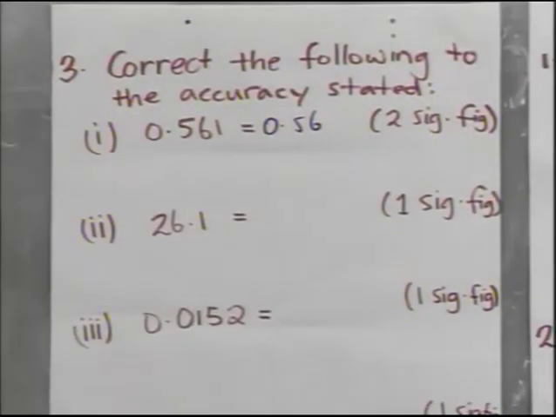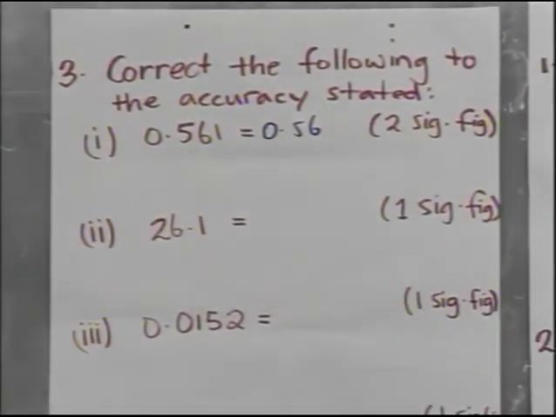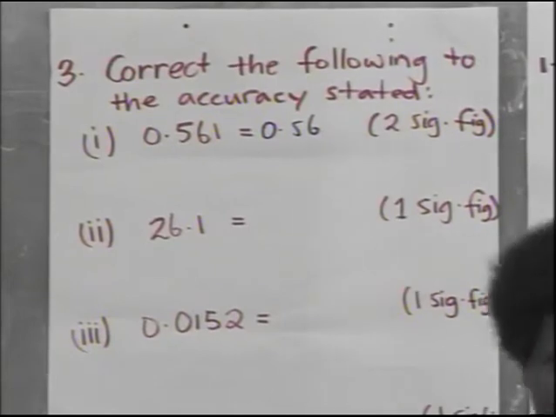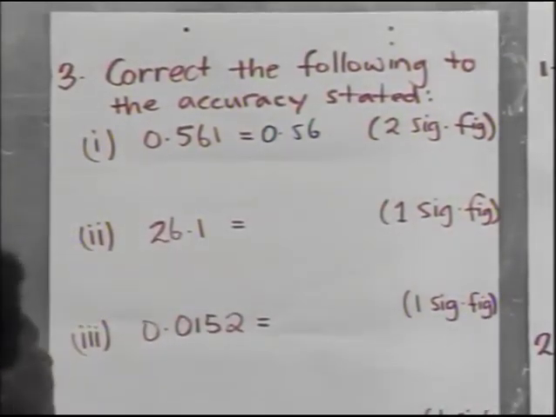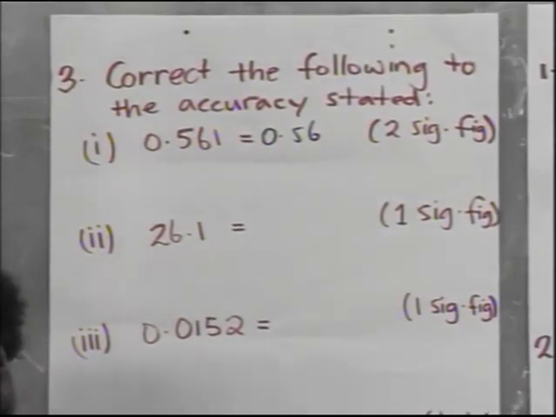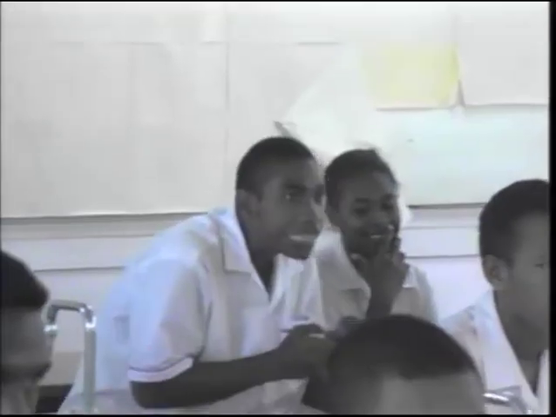Okay, 26.1 to one significant figure. Boromeo, try. 30. Well done.